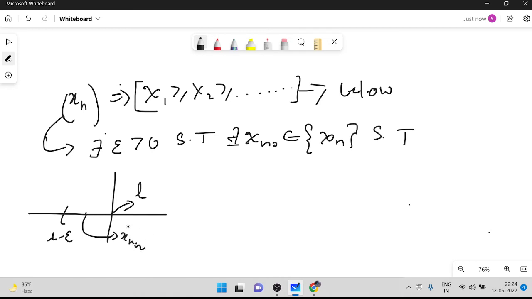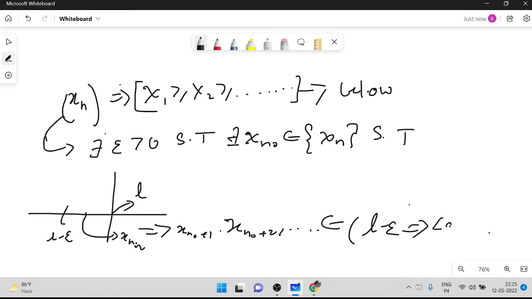Because it is also monotonically decreasing, xn naught plus 1, xn naught plus 2, and so on also lie in this epsilon ball, which implies it is convergent.